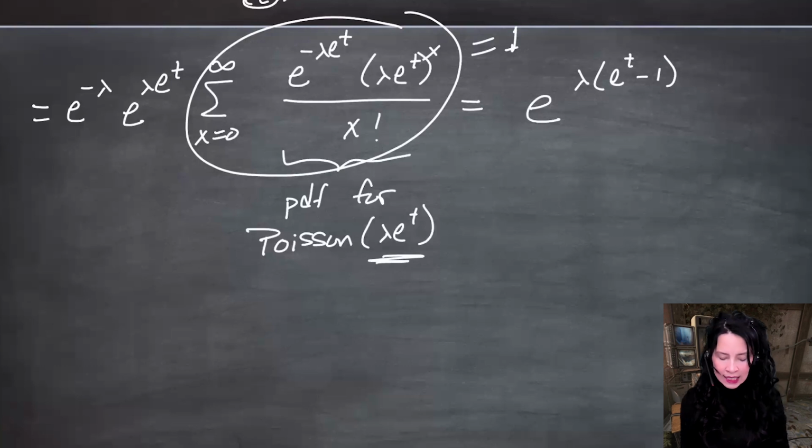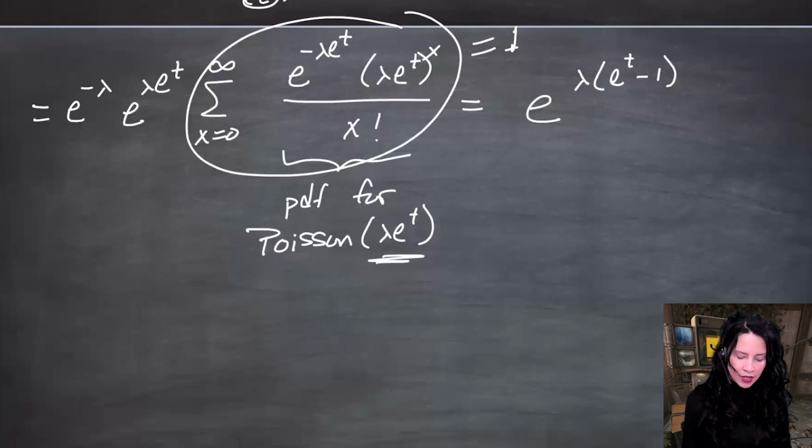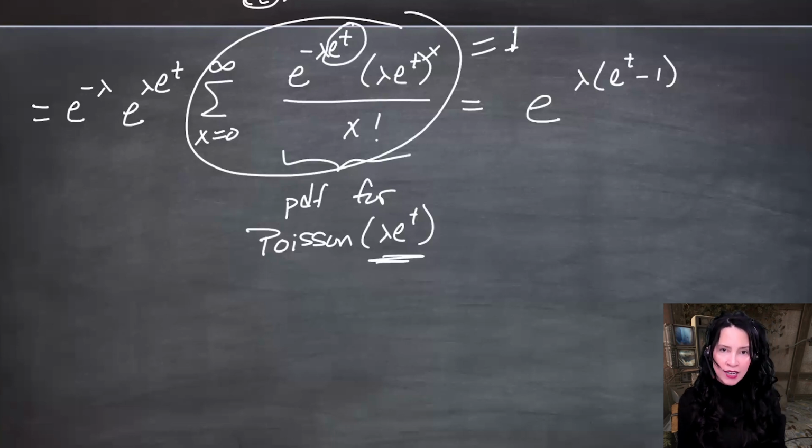What t does this hold for? It holds for any t for which this sum converges. I've got an e to the t in here, and a positive t gives something positive, and a negative t is still something positive. E to a negative number is still something positive.